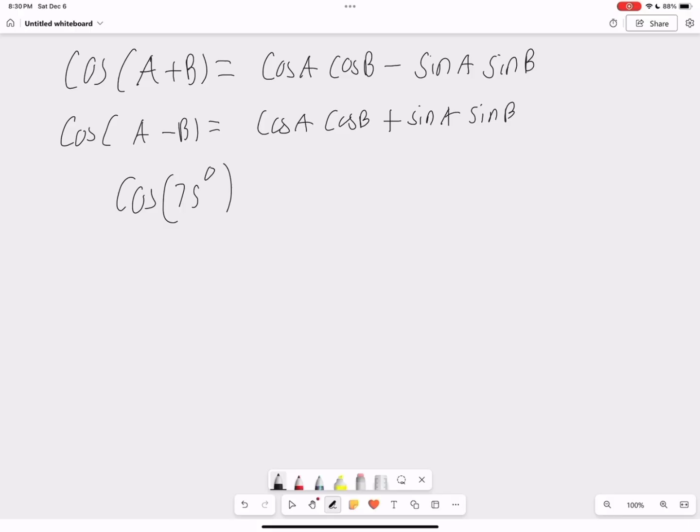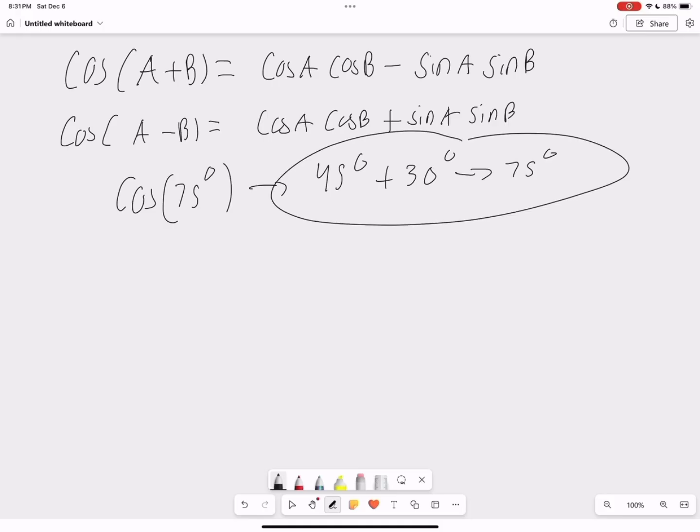Manually, we can find angles that add or subtract two angles that we do know to give us this angle that we have here. So how can we do that? Well, we could break 75 up into a sum. So what adds to 75? 45 degrees plus 30 degrees. 45 plus 30 is 75.